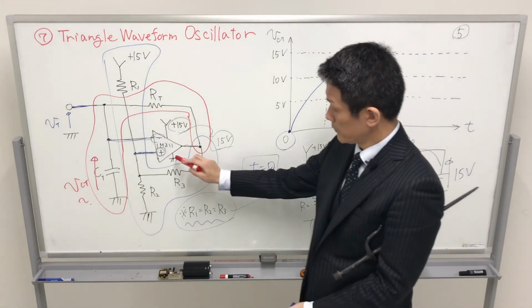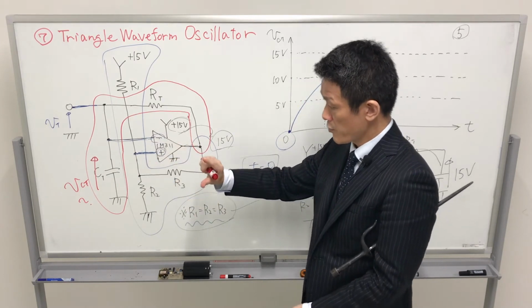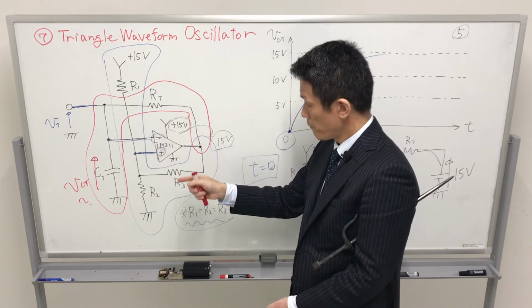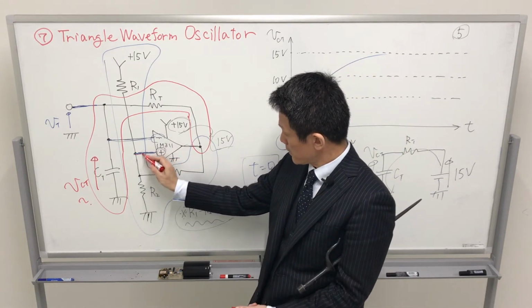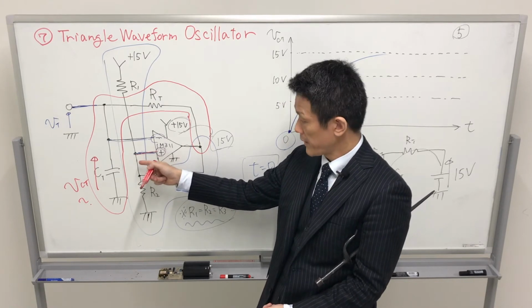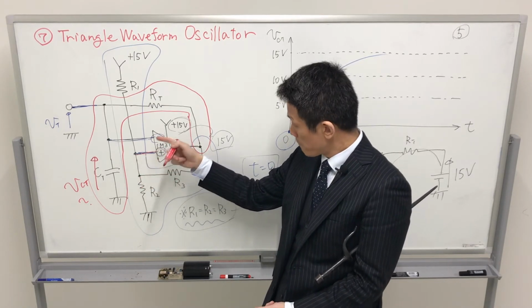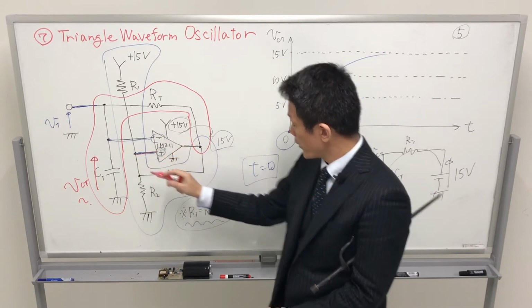Because this comparator's input voltage is changed. This plus terminal voltage is the constant voltage of the 10 voltage. But in the minus terminal, it increases.